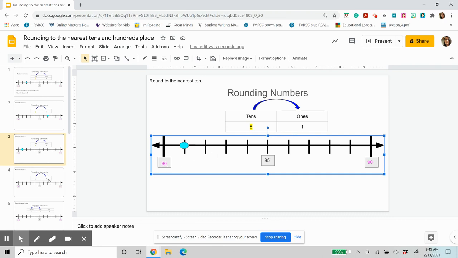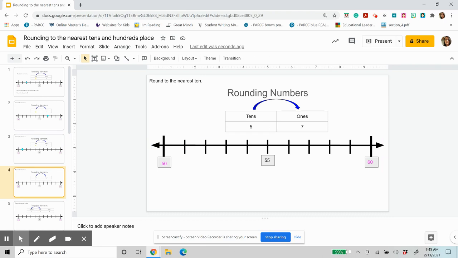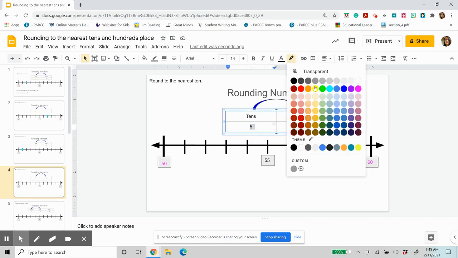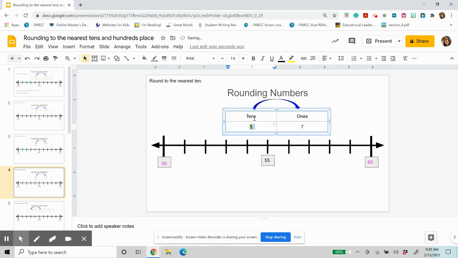We're saying which 10 is it closer to? Right here, round to the nearest 10. So which tens does 57 come between? It comes between 50 and 60. Our halfway point is 55. So we're talking about tens here, and we can highlight that. Our decision maker is the 7.